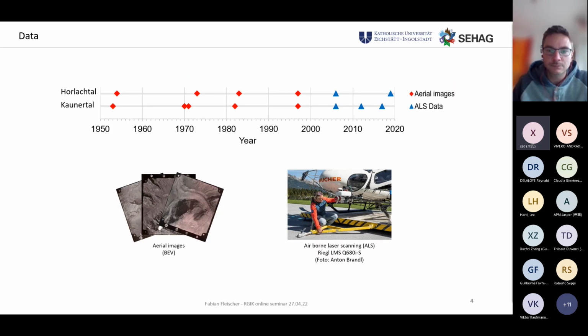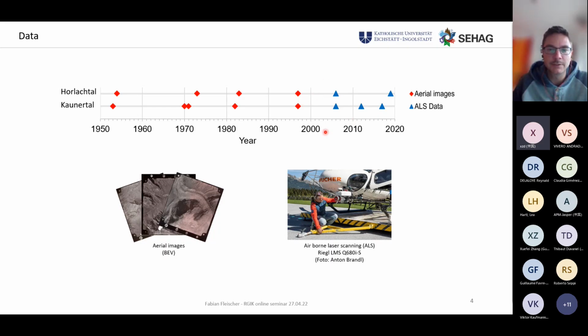In order to analyze the changes in dynamics over several decades, we used a variety of data, as shown here in this timeline. From the early 1950s onwards to the end of the 90s, we used aerial images.